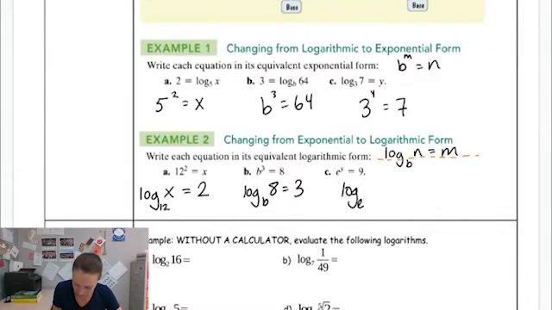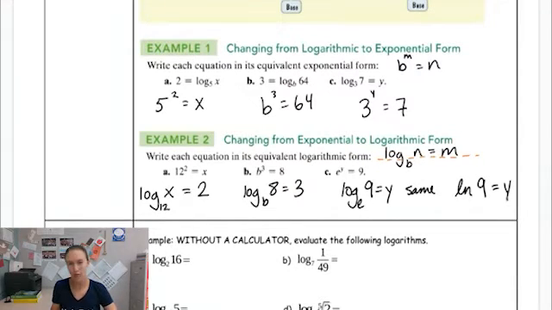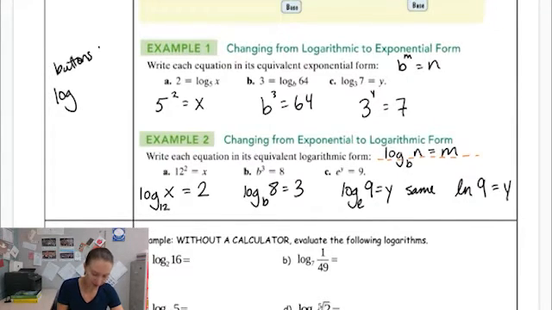Log base e, and now this one's going to be a little different. Log base e of 9 equals y. This is the same, I'm going to write same as the ln of 9 equals y. So if you notice on your calculator, we have a log button. So buttons on calculator.